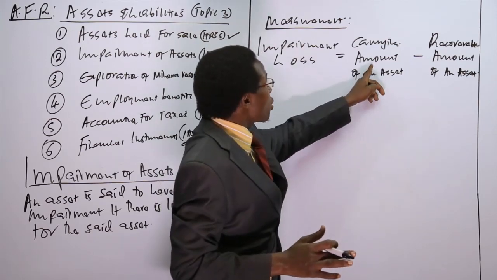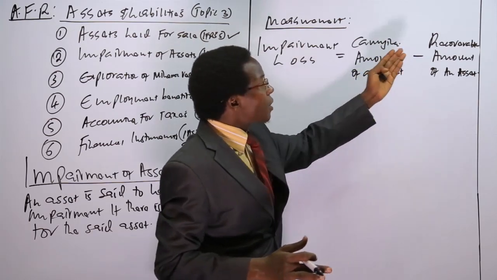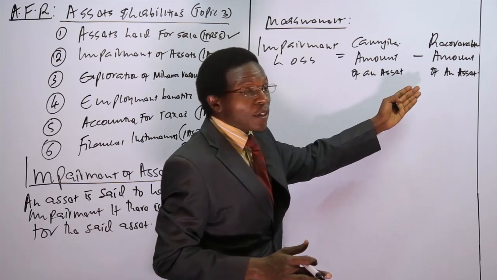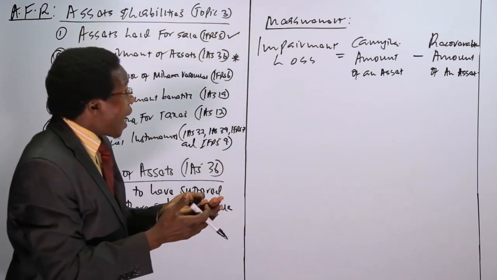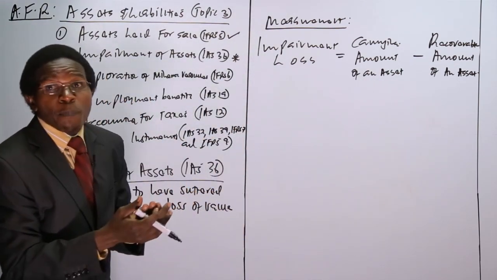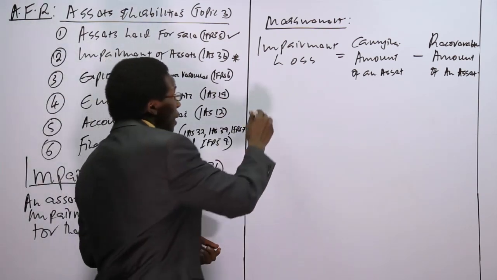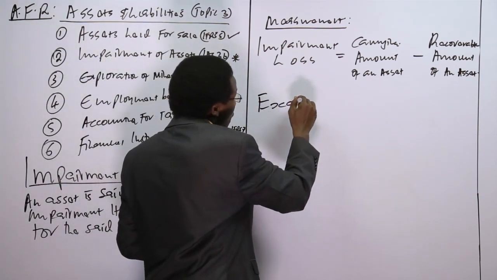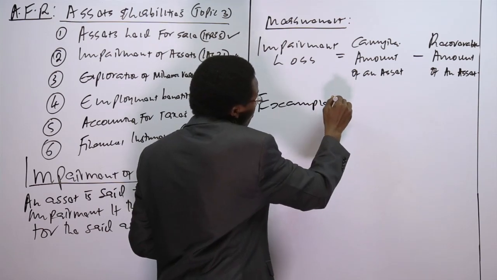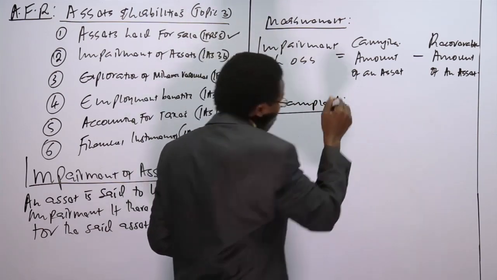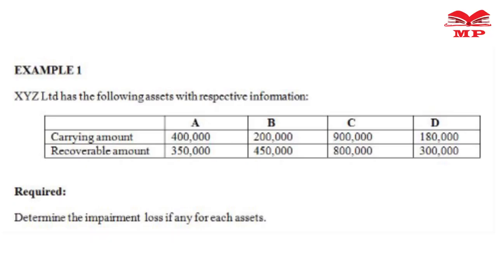Before I talk about the definitions of the carrying amount and the recoverable amount, let's try to see an example of how to determine impairment loss. Let's look at example 1. To identify the impairment loss, just as a startup, XYZ Limited has the following assets with the respective information.